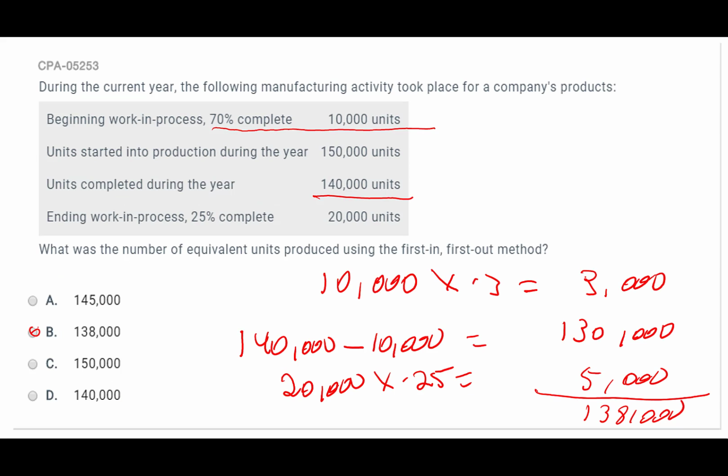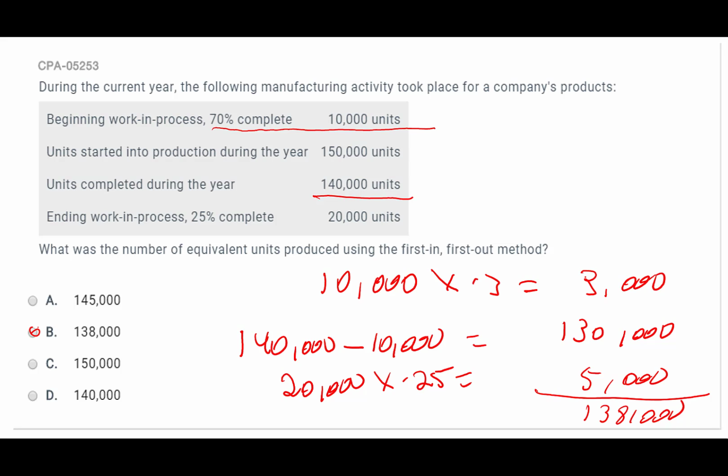Oh, 5,000. So 3,000 was complete. 10,000 units, 70% complete, that means I did 30% of the work this period, right? 30% times 10,000 is 3,000. If I completed 140,000 units, I completed the ones first in, first out.